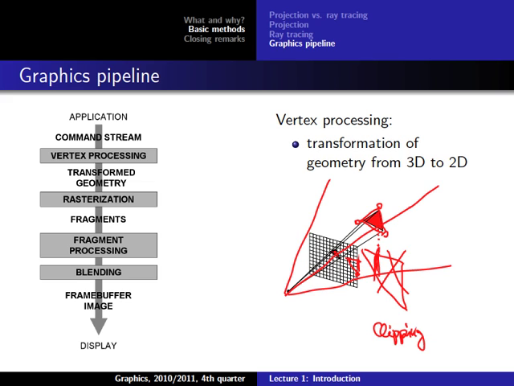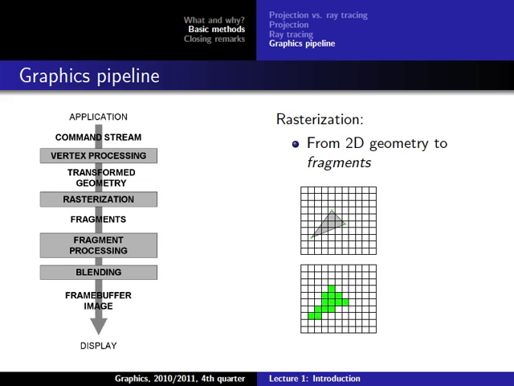So this is another thing that we want to look into, and this is all part of this vertex processing of the pipeline. So from here we basically go from a 3D model of our world, of our scene, to a 2D representation on the screen. So we transform the geometry from 3D to 2D, but we still have a geometric representation of it.